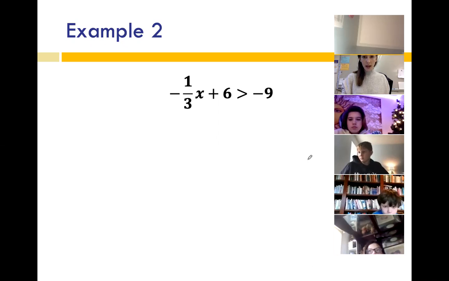All right, let's see. We have mostly yeses, which is good. That is correct. Yes, in this case, it's because the 1/3, which is next to the x, is negative.